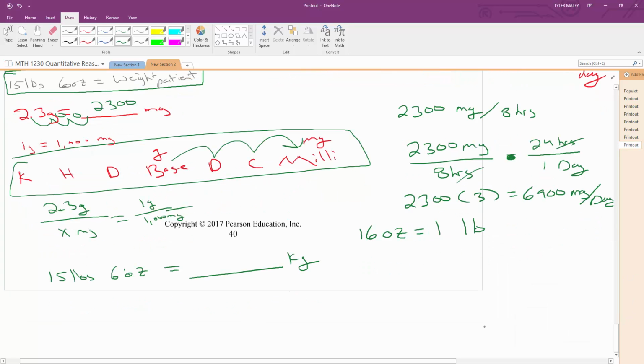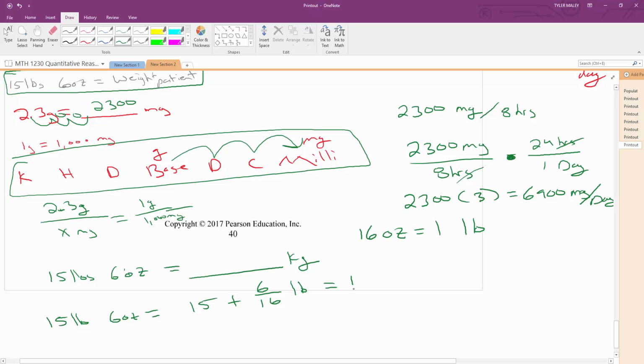So 15 pounds and 6 ounces is equal to 15 plus 6 out of 16 pounds, because there's 6 ounces, and to get 1 pound we have 16. If we take 6 divided by 16, we get 0.375.